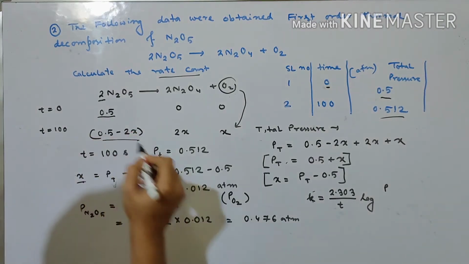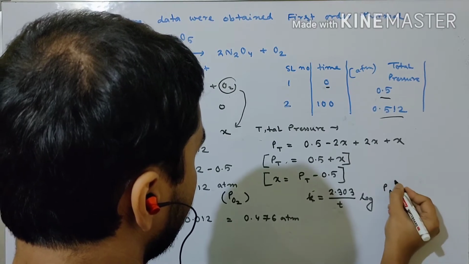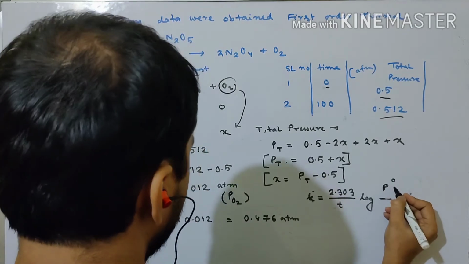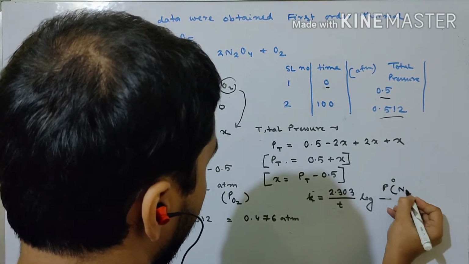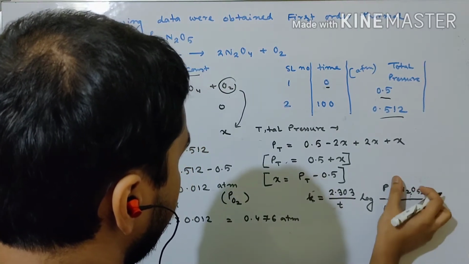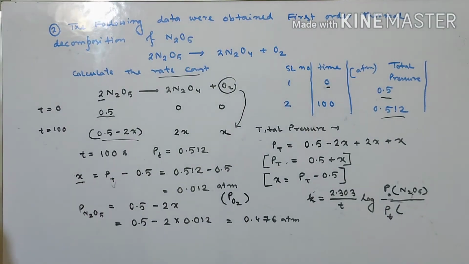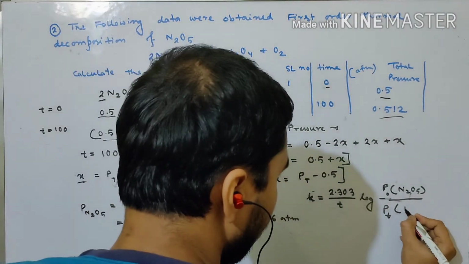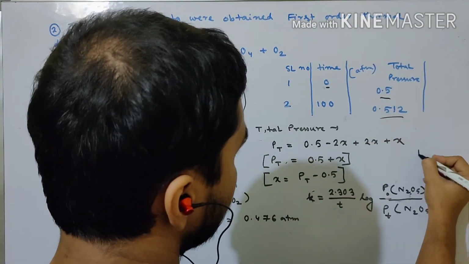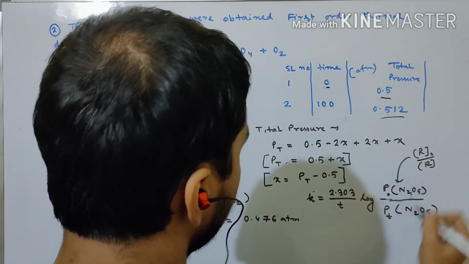Initial pressure of N2O5 divided by, you can write like this also, divided by Pt of the same term, that is N2O5. It is like R0 by R only. It is just a replacement of R0 by R. Similar thing.